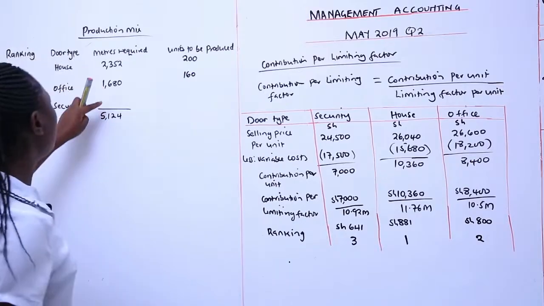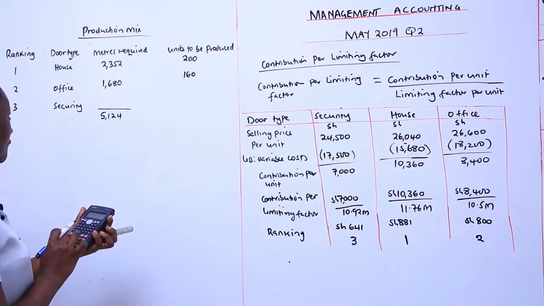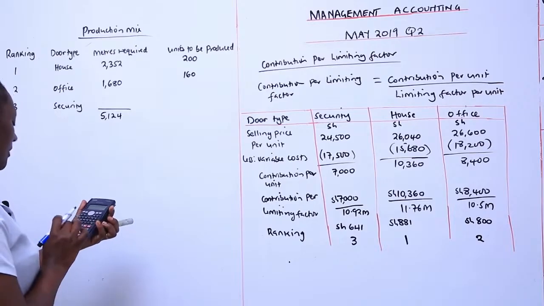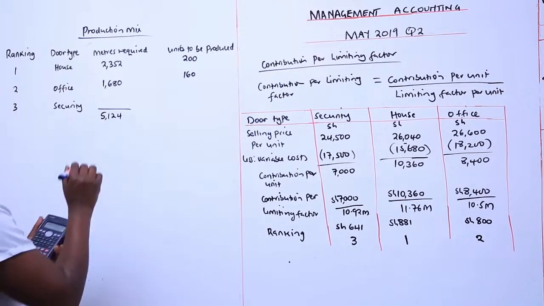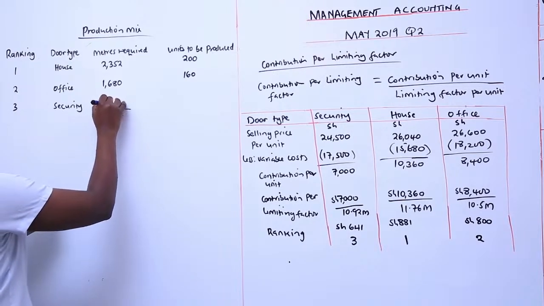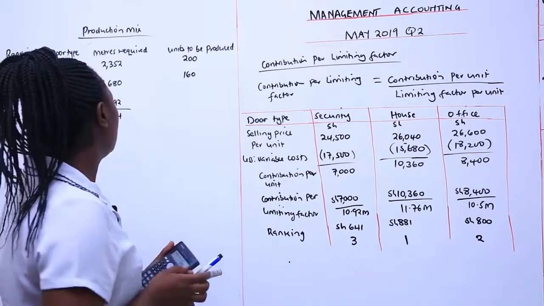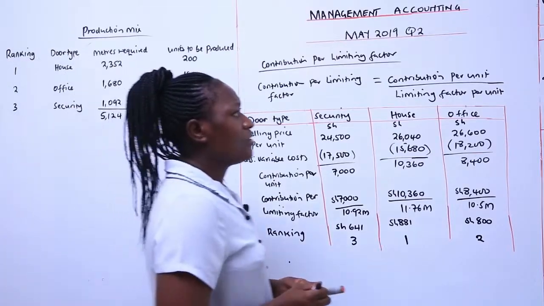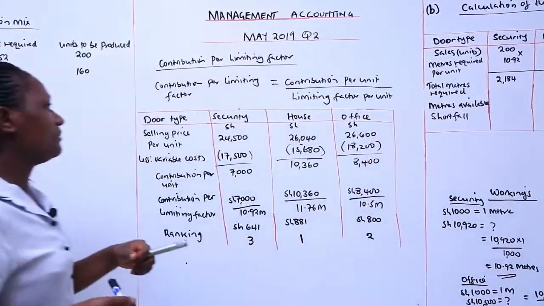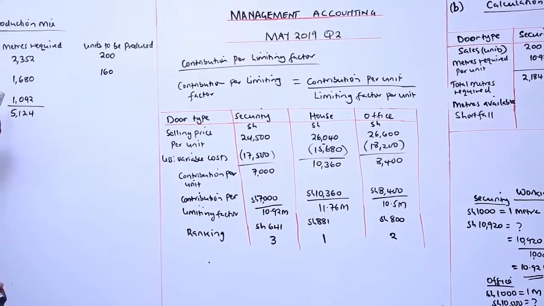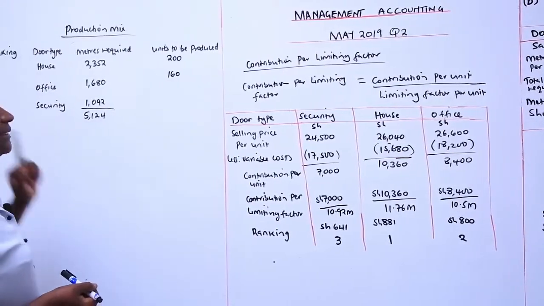So we need to know how many meters are remaining from the 5,124. So we already have used 2,352 plus 1,680. From 5,124, we still have 1,092 meters, which we can use to produce security door type. So security required 2,184 meters, but we only have 1,092, meaning we cannot produce all units of security door type.